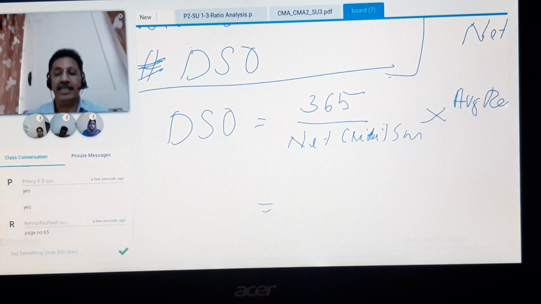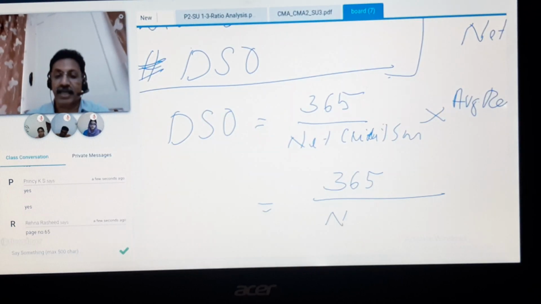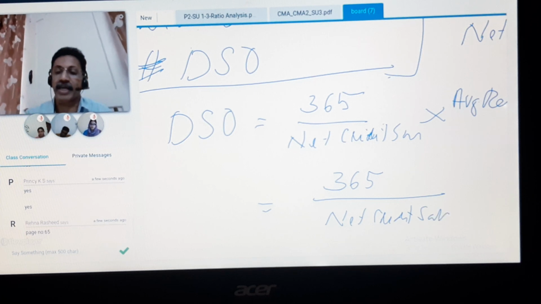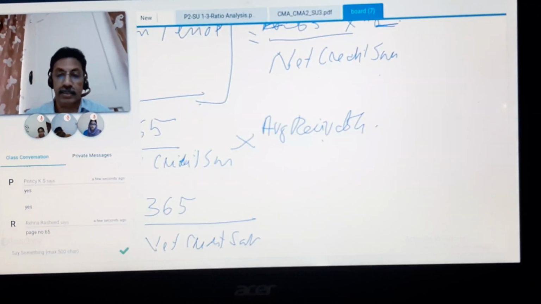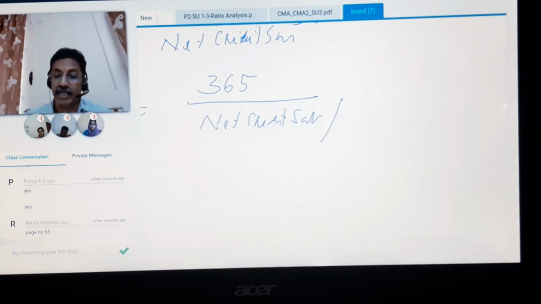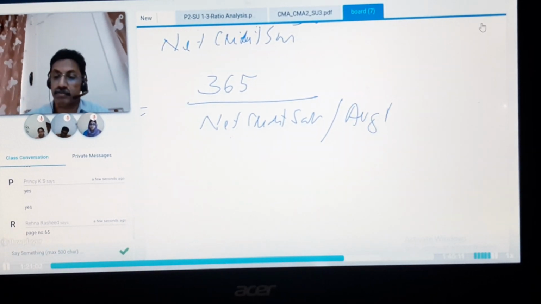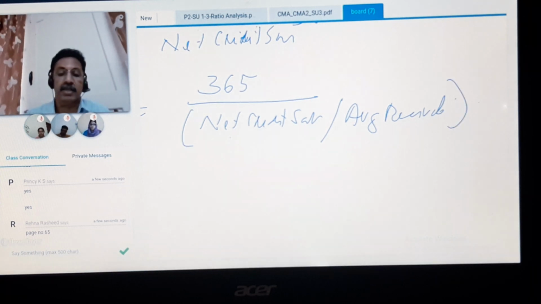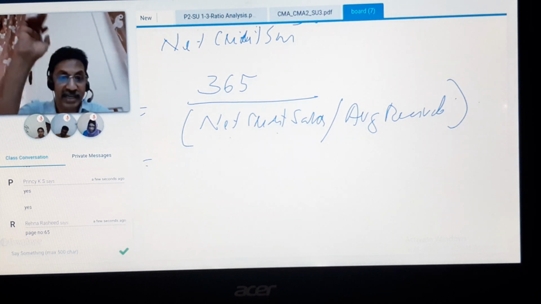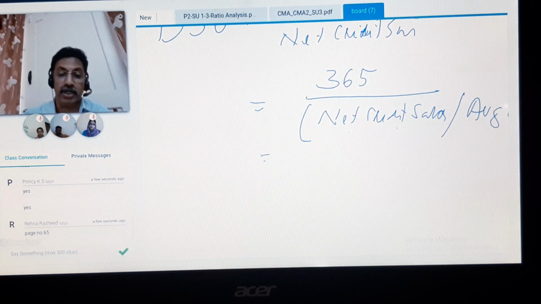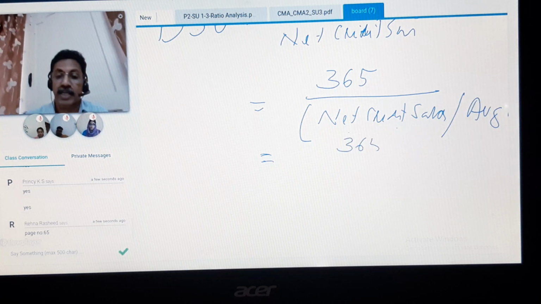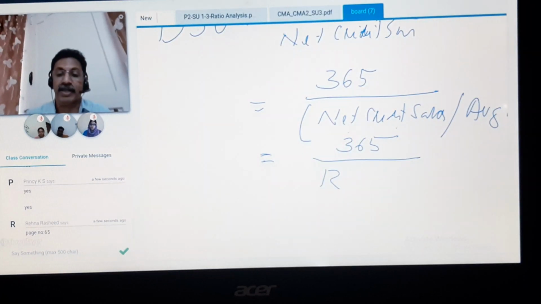Now you can just rearrange this: 365 divided by net credit sales, you can take this average receivable to the denominator, then it will be net credit sales divided by average receivable. This is what you have just seen, that is the receivable turnover ratio.